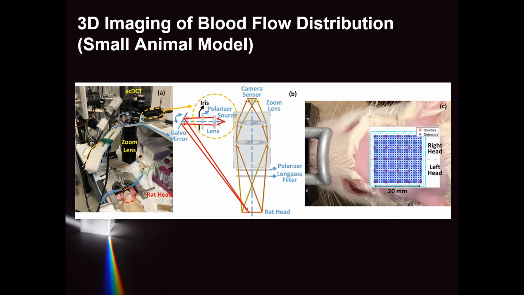And finally, here is the rat head, and the hair of the rat was shaved and removed with hair cream to expose a region of interest. Our region of interest is 20 by 20 millimeters, and we have a 5 by 5 source array, the circles here, and also a 21 by 21 detector array. The crosses here show our detectors.